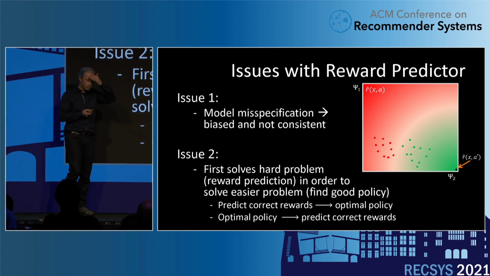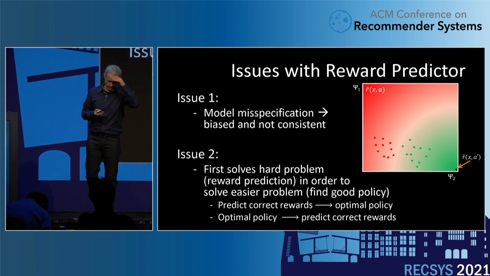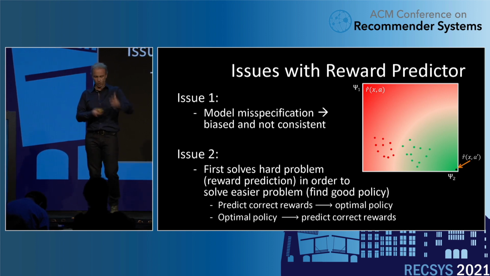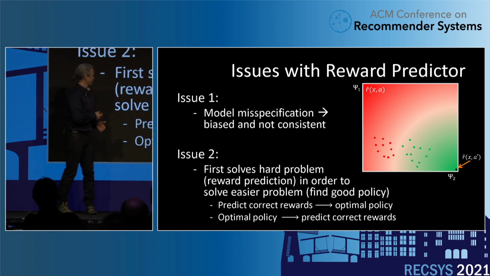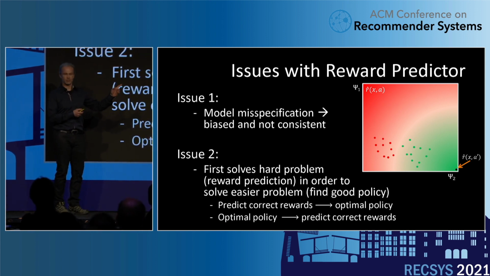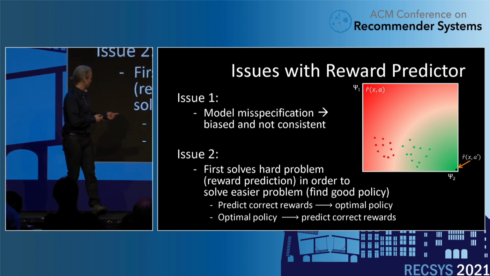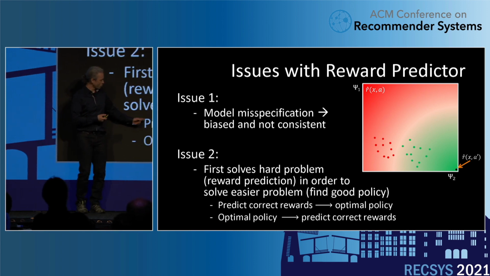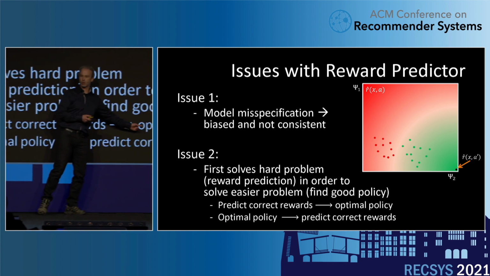The second issue is maybe also a little bit more philosophical. To quote Vapnik, if you want to solve a problem, don't solve a harder problem first. And in a way, that's what we've done here. Because predicting the reward everywhere is actually a harder problem than finding the optimal policy. In the following way, right? Of course, if we predict all of the rewards correctly, it's easy to read off the optimal policy.